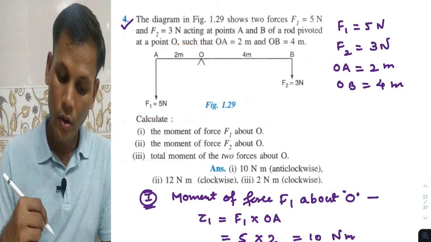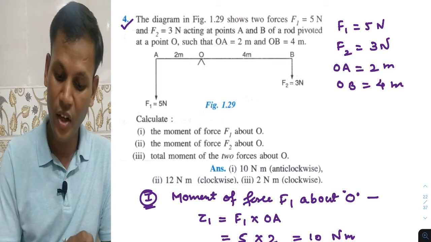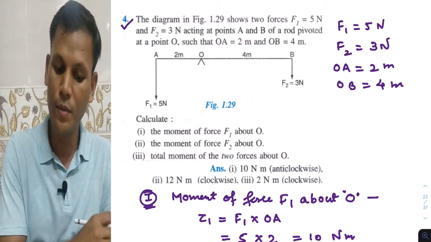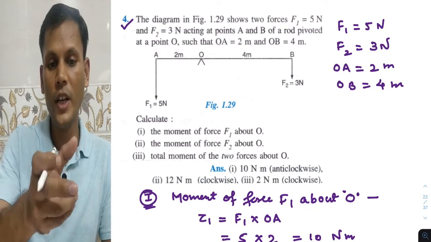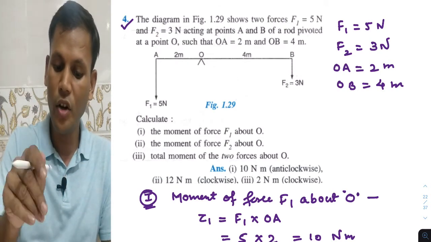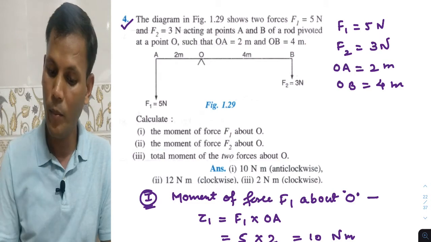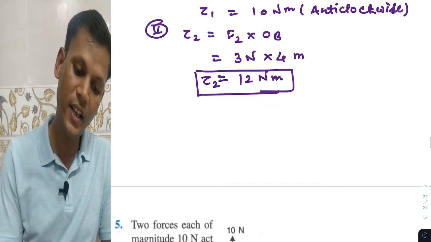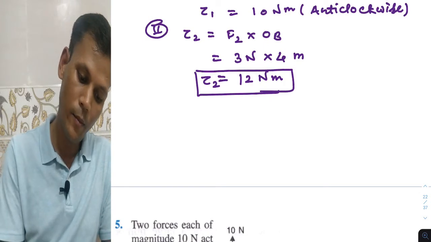So what we have to do? We have to find out clockwise moment and anti-clockwise moment. Clockwise moment is taken as negative and anti-clockwise moment is taken as positive.